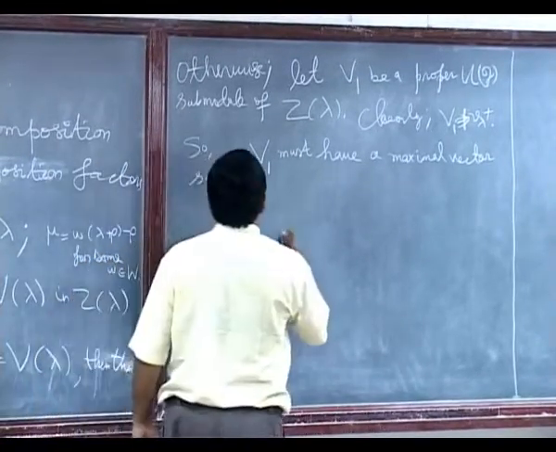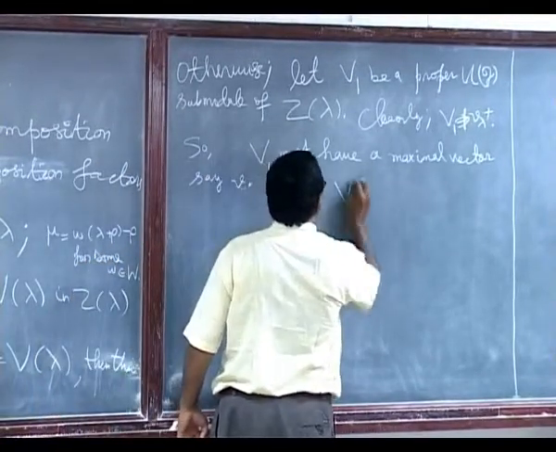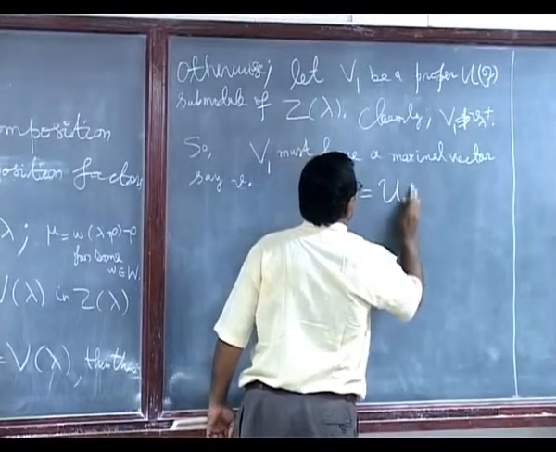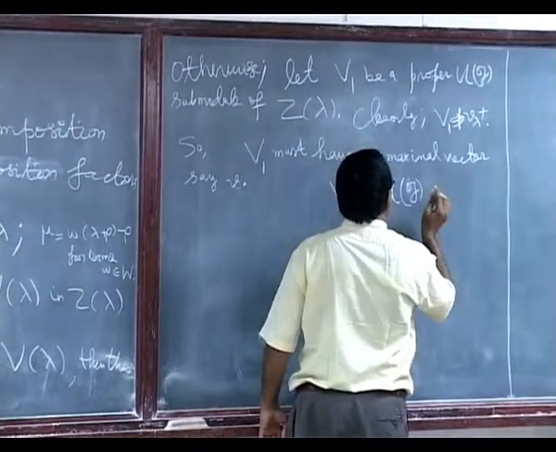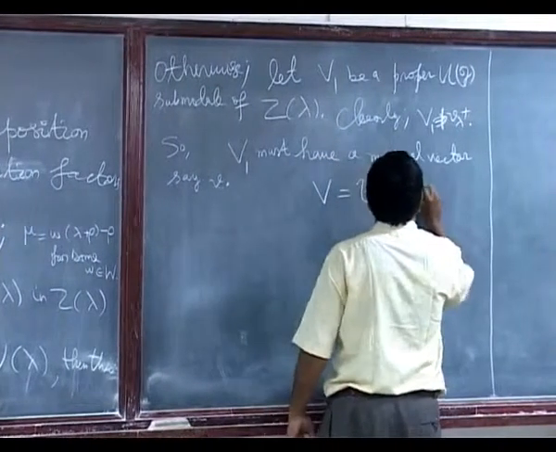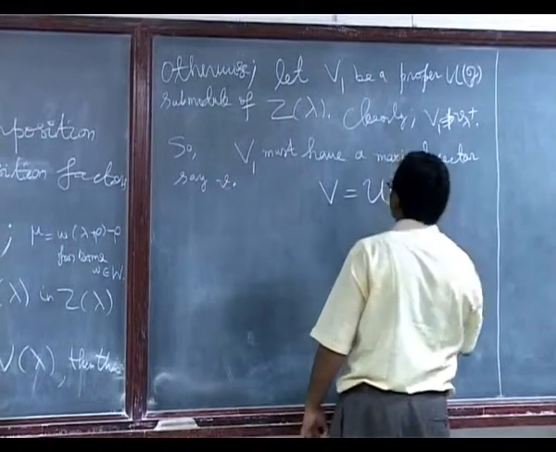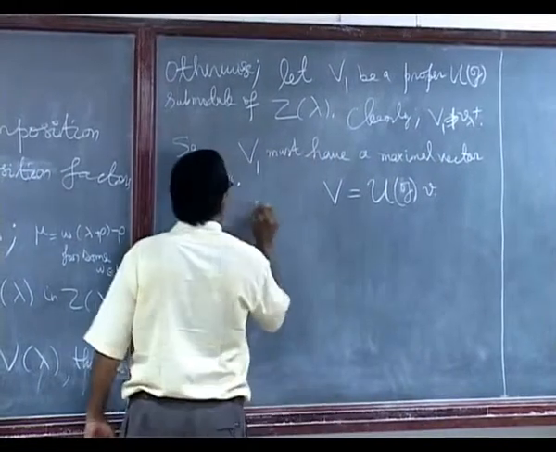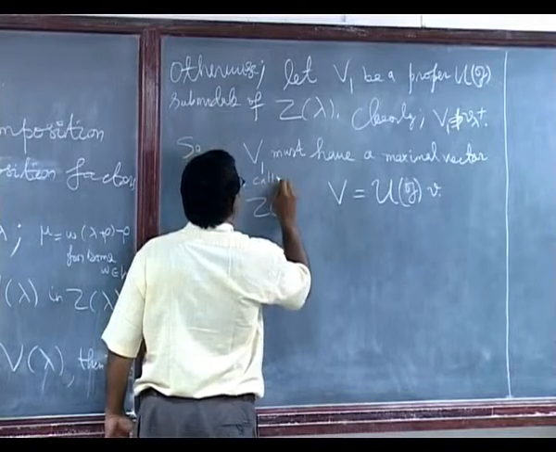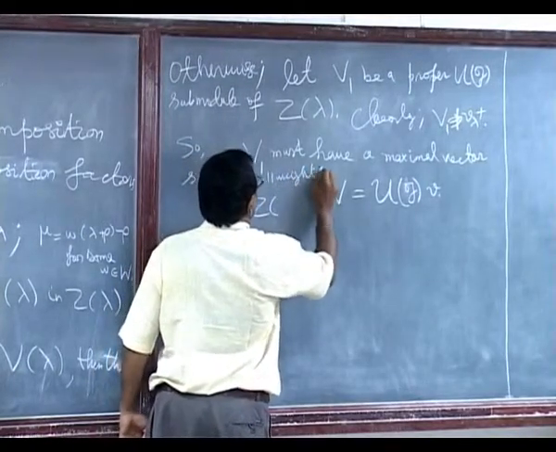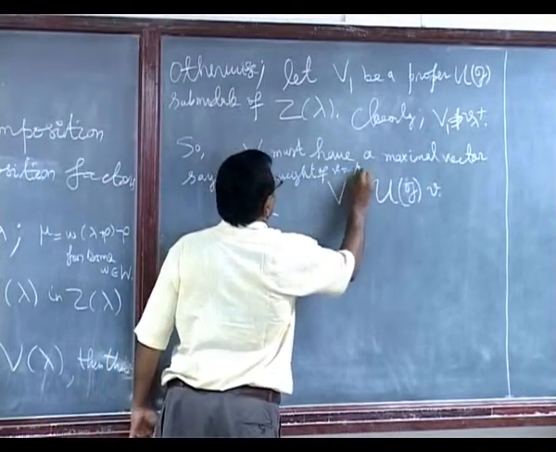So now you consider this module V, the submodule which is U(g) of V, this thing. Then you have the map from the weight of V, say mu.